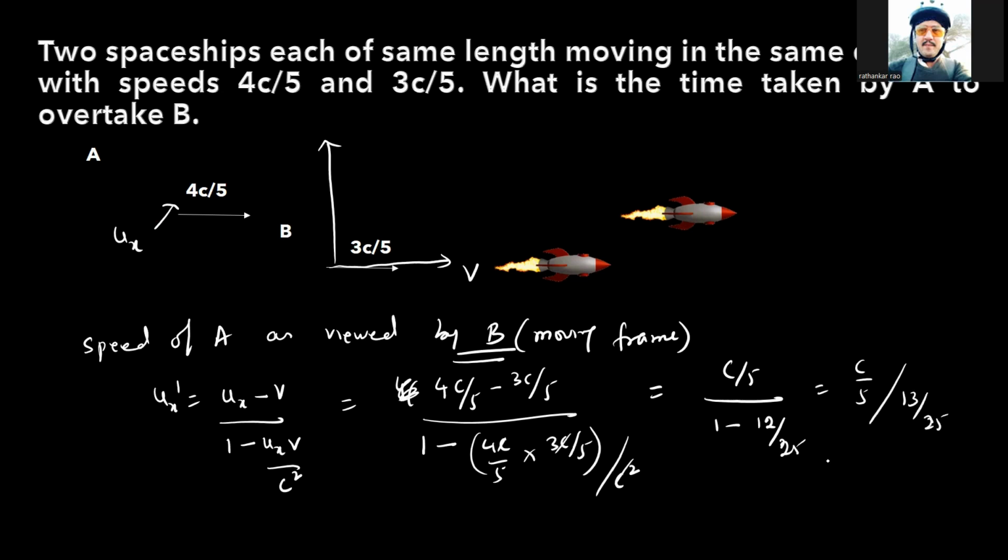I can once again write this as c by 5 into 25 by 13. 5 ones are 5, 5 fives are 25. So finally, you get the answer here as 5c divided by 13. This is your ux dash, which is nothing but the velocity of A as seen from the moving reference frame B.